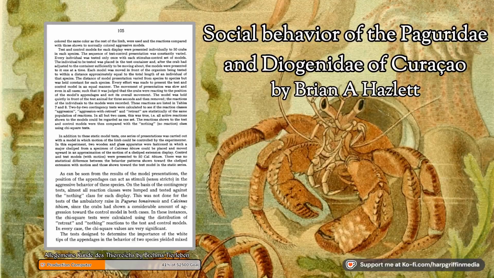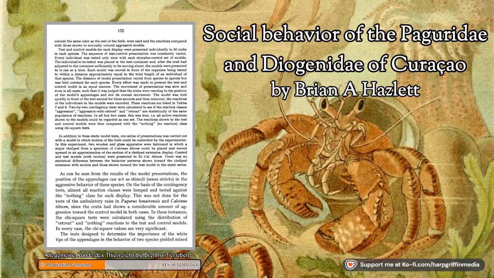The distance of model presentation varied from species to species, but was held constant for each species. Every effort was made to present the test and control model in an equal manner. The movement of presentation was slow and even in all cases, such that it was judged that the crabs were reacting to the position of the model's appendages and not its overall movement.